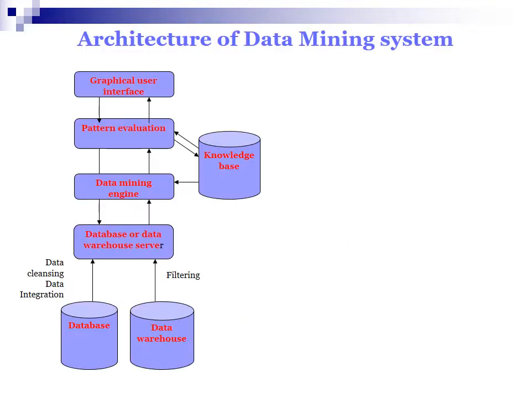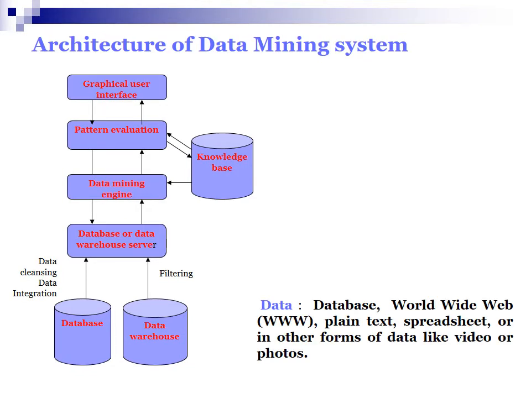This is the architecture of a data mining system. There are 5 steps involved in the data mining process. At first, data comes from various resources such as databases, the World Wide Web, plain text, spreadsheets, or other forms of data like video or photos.